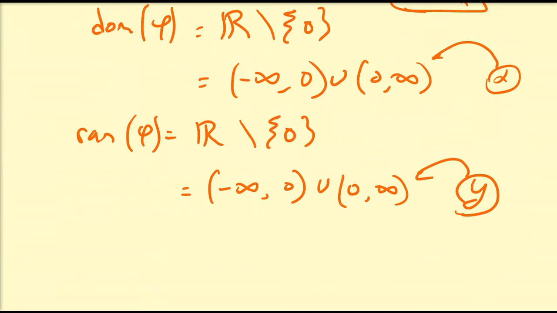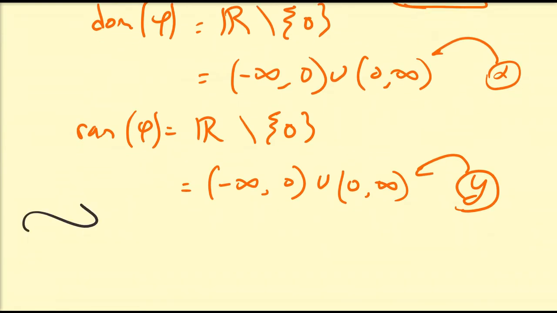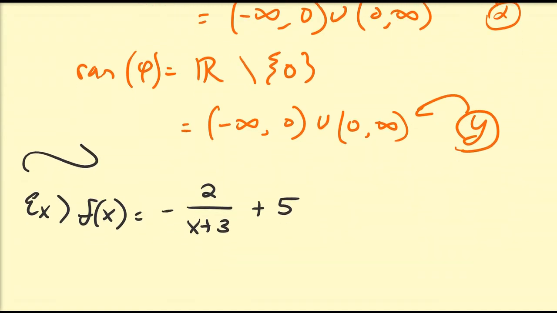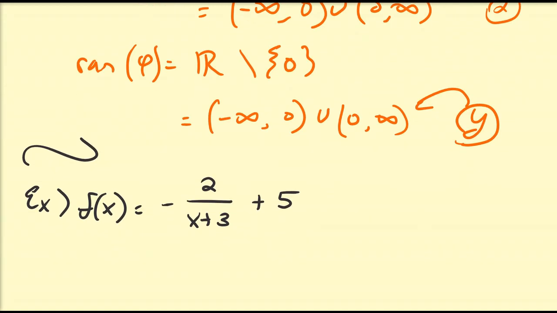So let's just take a look at a couple rational functions to make sure that we understand all the main components of this. So let's consider f of x is equal to negative 2 divided by x plus 3, plus 5. Let's see if we can graph this and understand the main components of this function. All right, so as x tends to infinity, what happens to this function?